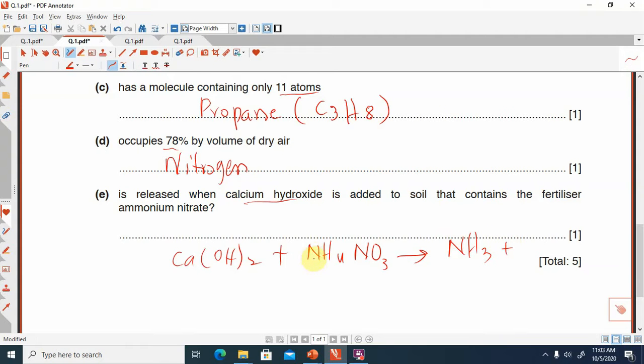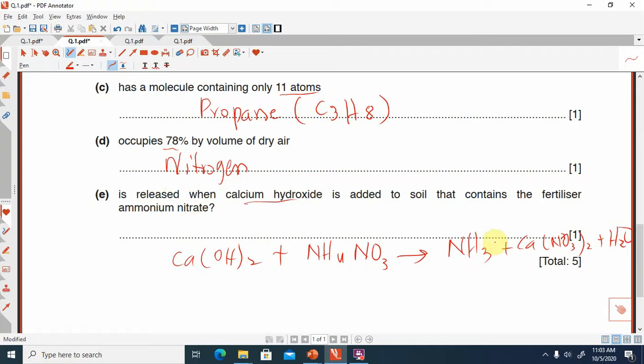So the ammonia plus calcium nitrate, Ca(NO3)2, plus H2O will be produced. So which will be released.